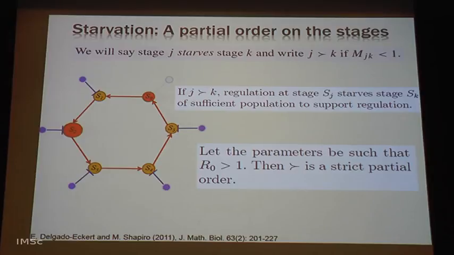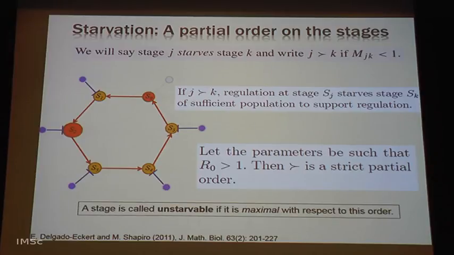That means that a stage will be called unstarvable if it is maximal with respect to this order. So if we cannot find any stage in the cycle that is bigger than a given stage, then that stage will be called unstarvable. And the other ones for which you can find another stage which is bigger than it, those will be starvable.